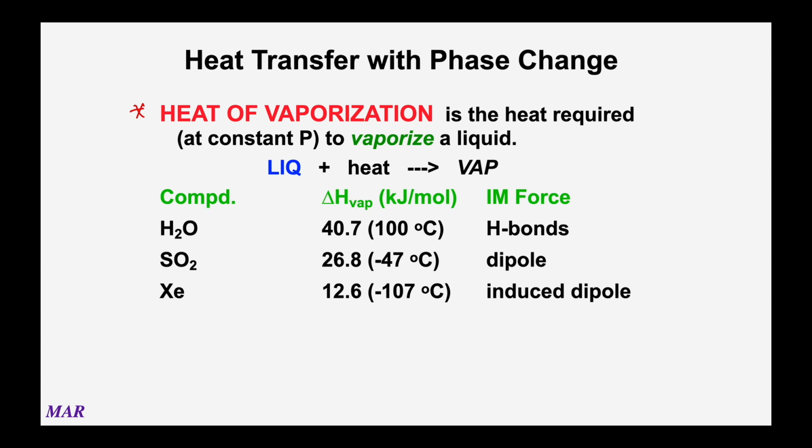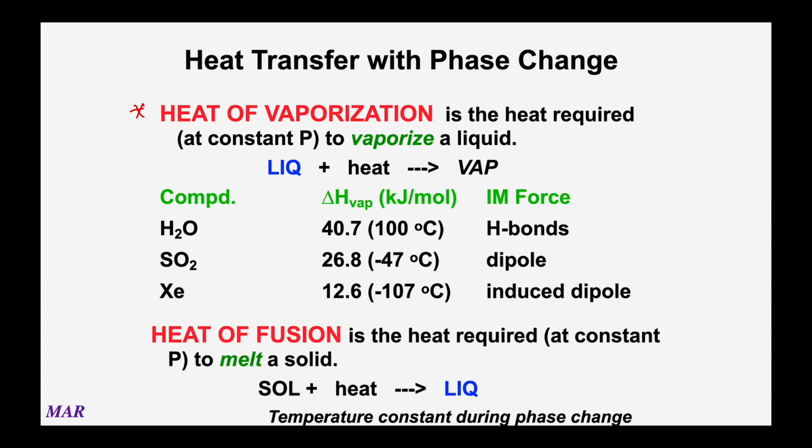The temperature in parentheses is the normal boiling point. And you can see sulfur dioxide and xenon. But notice how the value of delta H of vaporization gets larger as the intermolecular forces get larger. So xenon, which has just induced dipole, has the smallest heat of vaporization, and water, which is stronger than the dipole of SO2, has the largest heat of vaporization in this list.